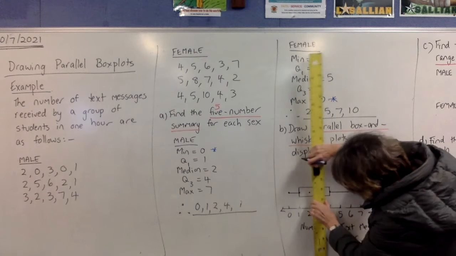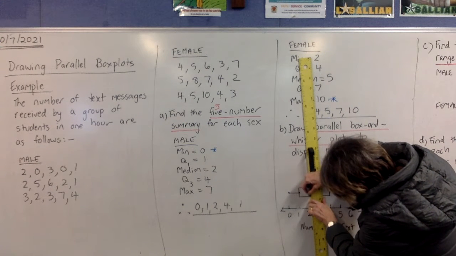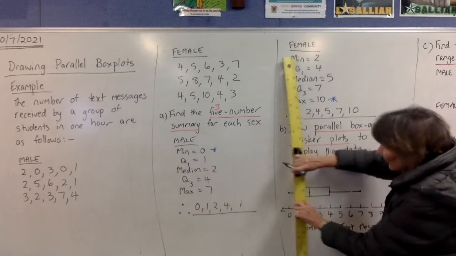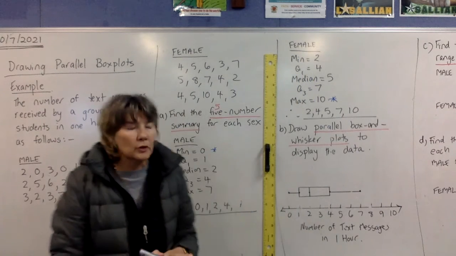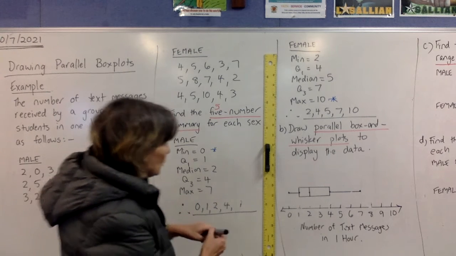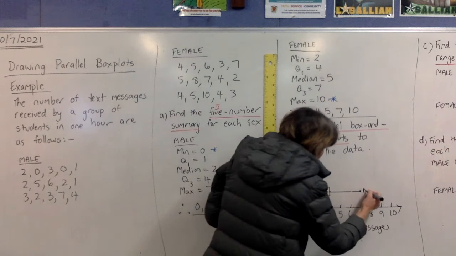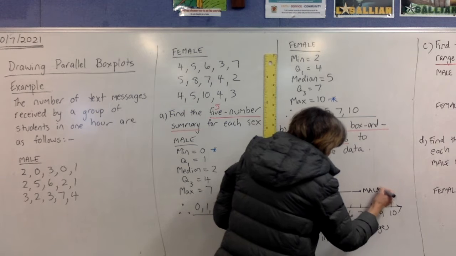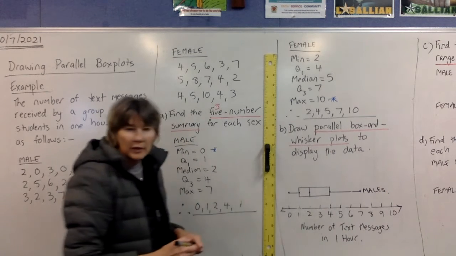And don't forget this dot in the middle here. And that's it. That's the box and whisker plot drawn up for the males. So you do actually have to write on it somewhere that is the males. So I'll just write it over on the side there.